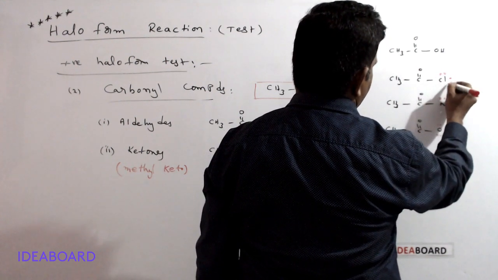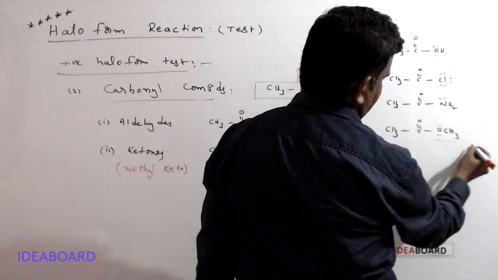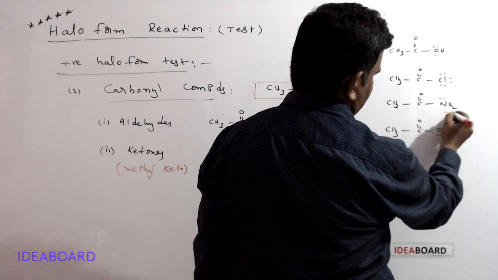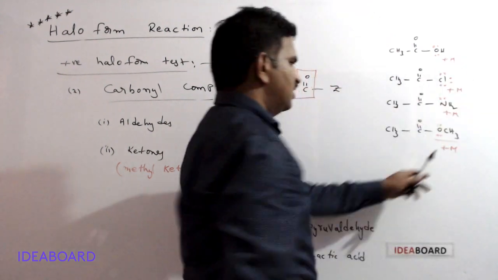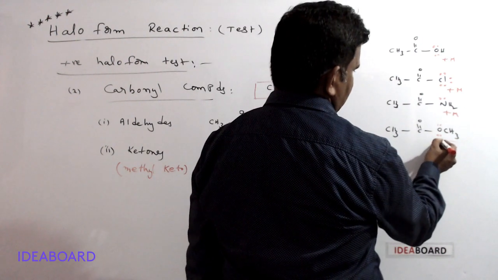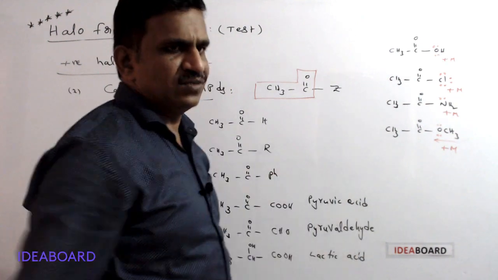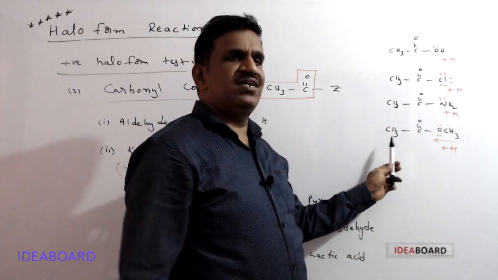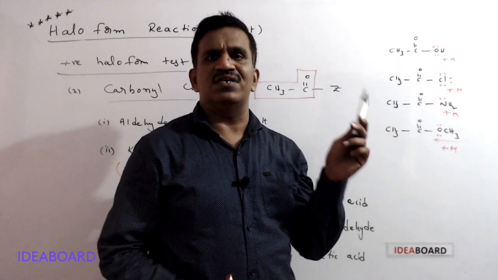So here 3 lone pairs are present, here 2 lone pairs are present. They act as plus M effect groups. Plus M effect groups means what will they do? They increase the electron density. So this will not become an acidic hydrogen. If there is a more acidic hydrogen, it is released easily, halide attack occurs and halogenation occurs.